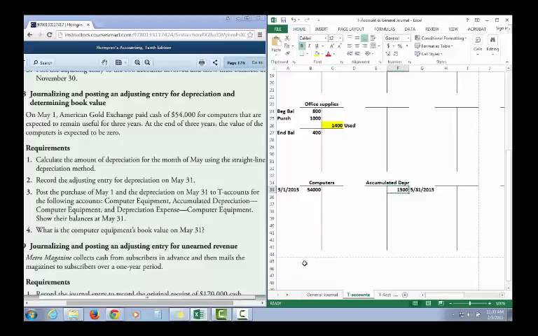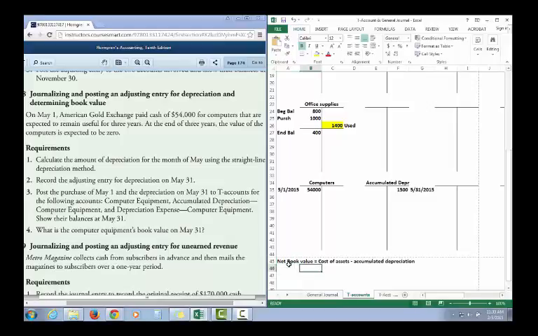When we calculate net book value, net book value equals the cost of our asset minus the accumulated depreciation.